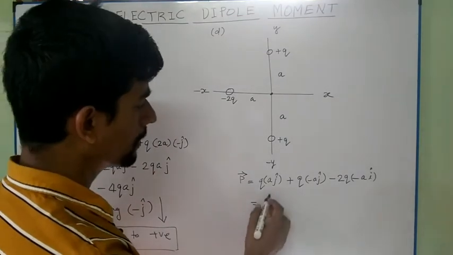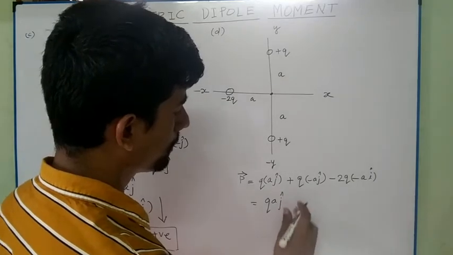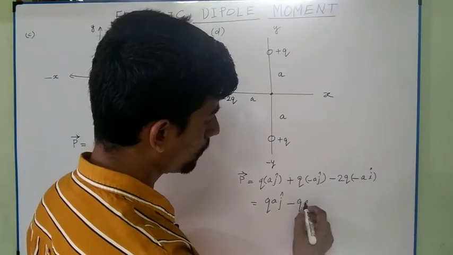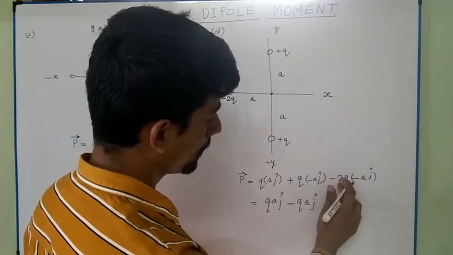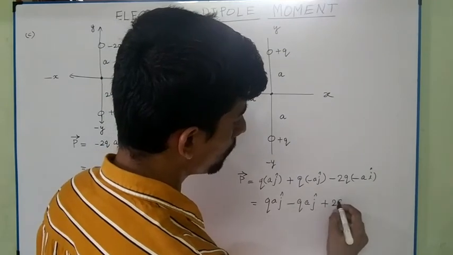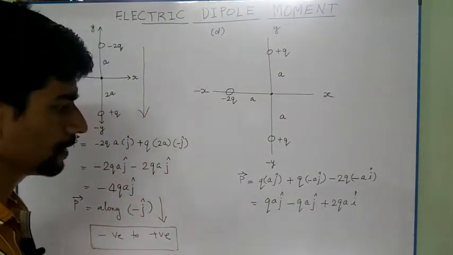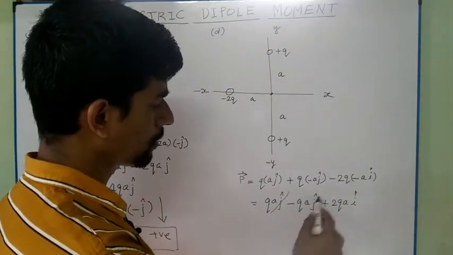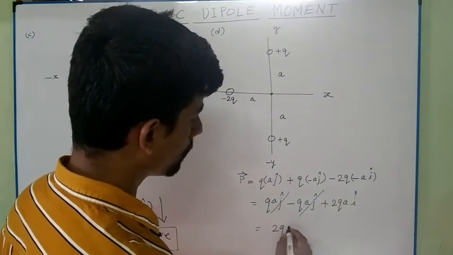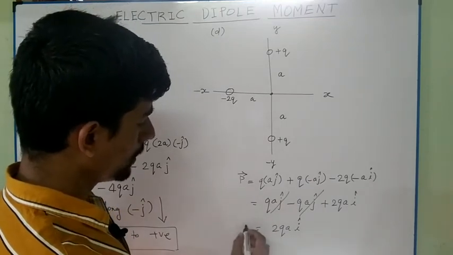So what will you get here? q a j cap. Here q into minus a, minus q a j cap. Here minus into minus plus 2q a i cap. So the qa j cap and qa j cap get cancelled. So we get 2qa i cap. This is the direction of dipole moment.